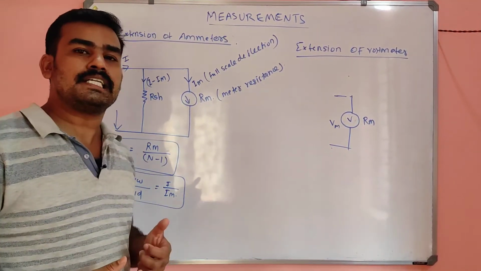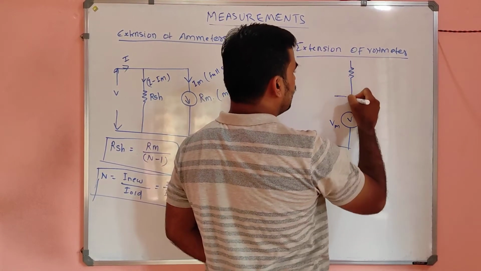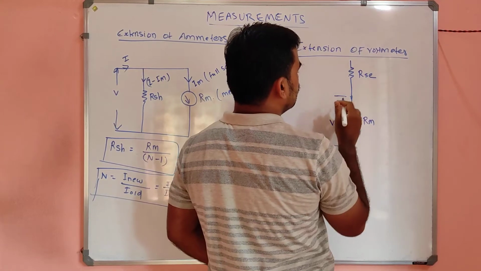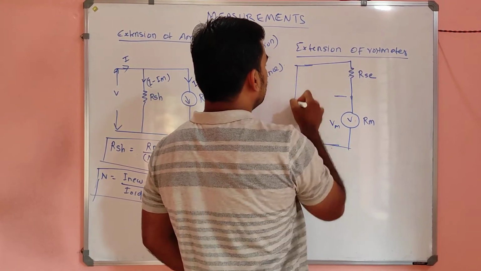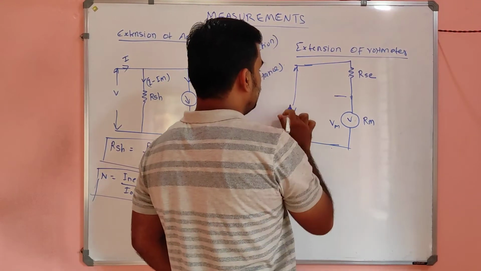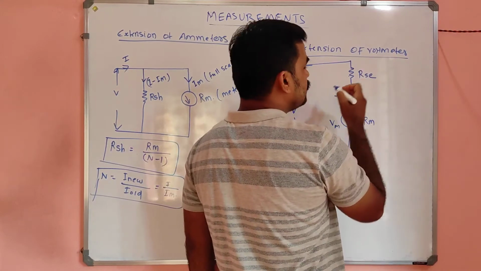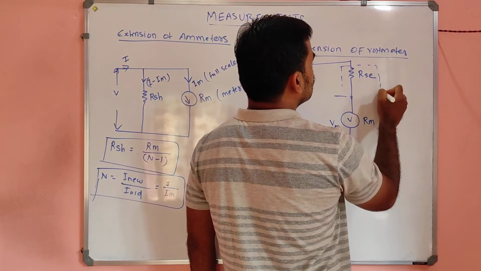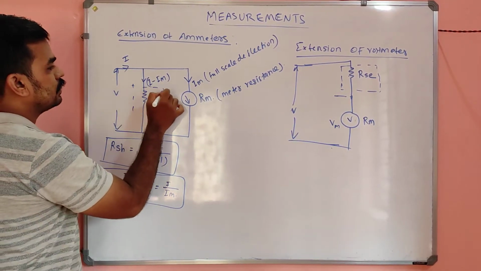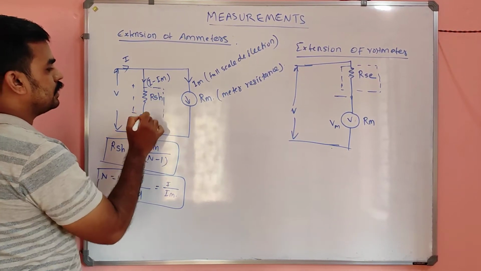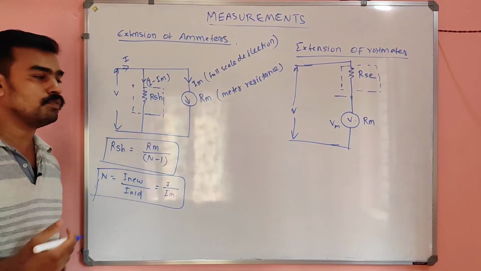Suppose we have to extend this voltmeter. What we have to do is add an extra resistance in series with the voltmeter, so that a much bigger voltage can be measured. Not a shunt resistor, you add a series resistor in series with the voltmeter.